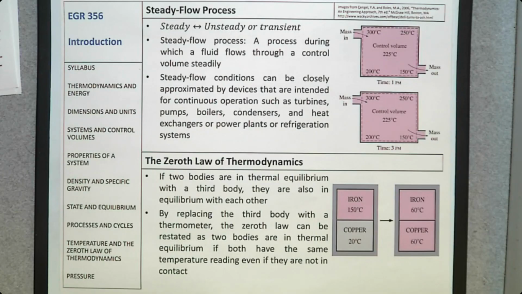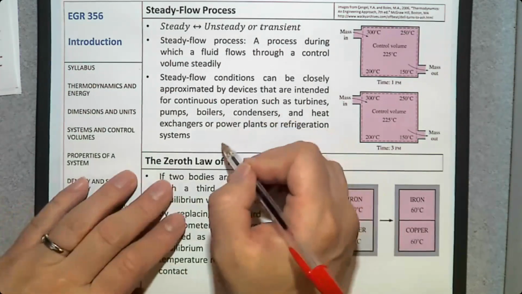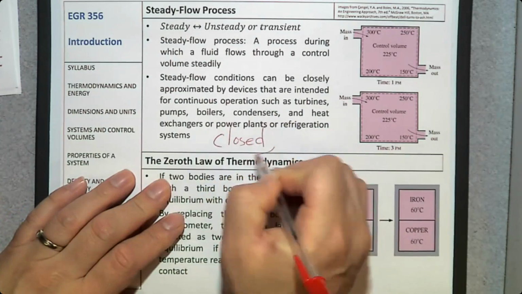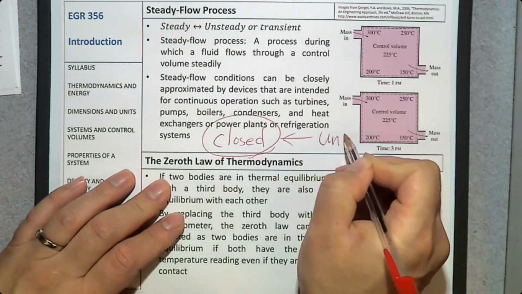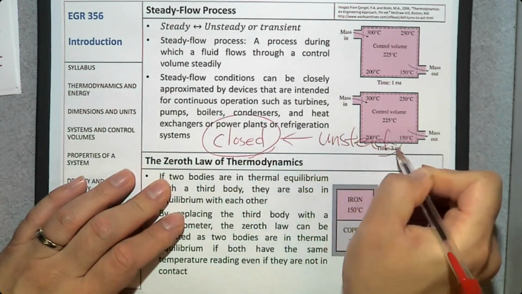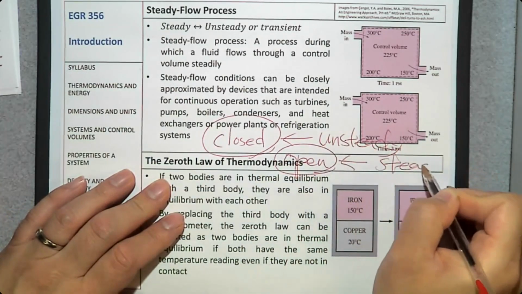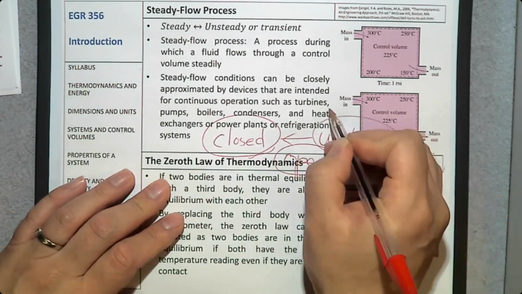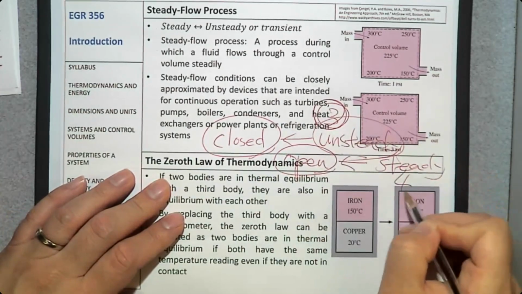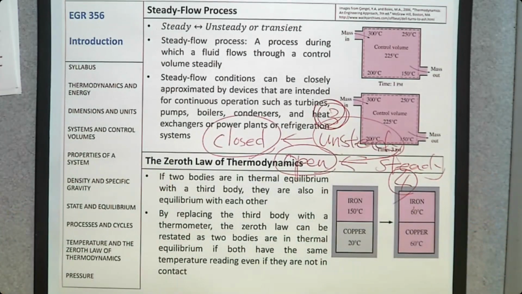Usually, closed systems are unsteady problems, and open systems are steady problems. So we are going to study unsteady in chapter 3 and steady in chapter 4. Of course, there are some unsteady open systems, but the majority of open system problems are steady problems.